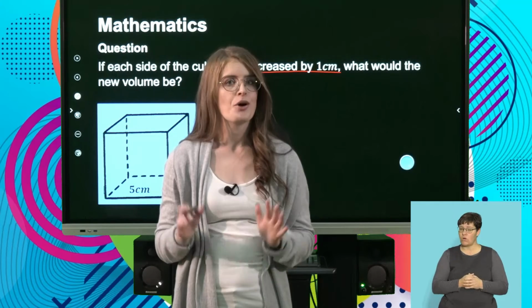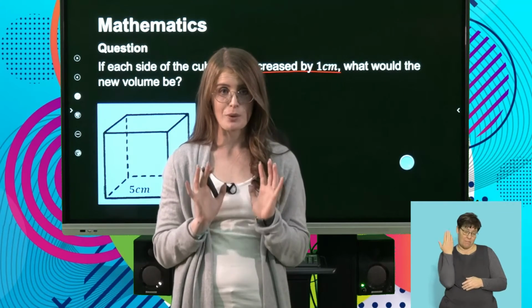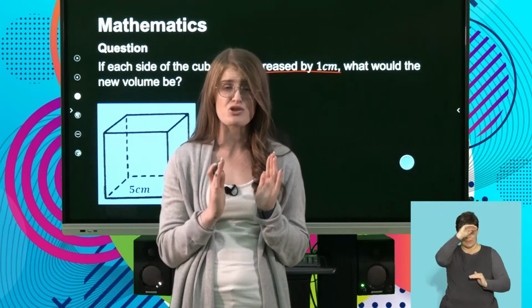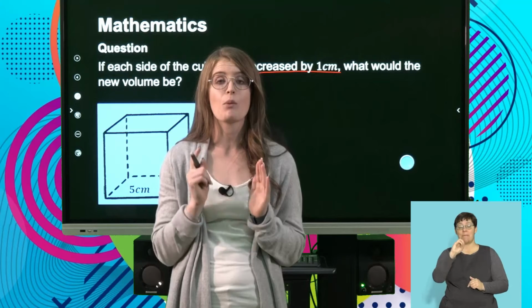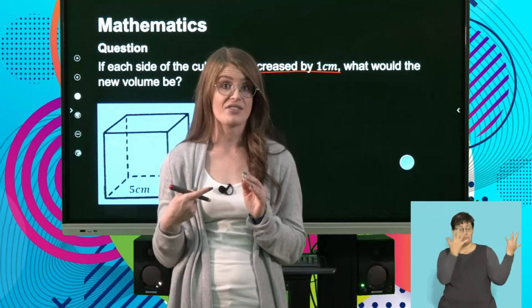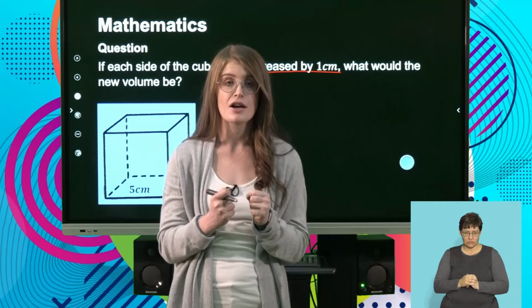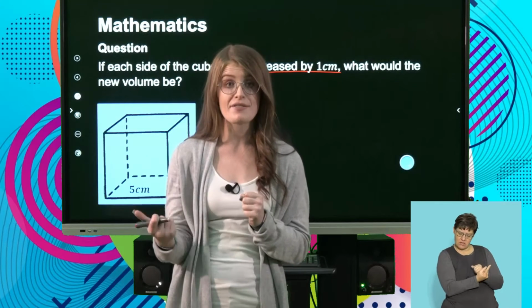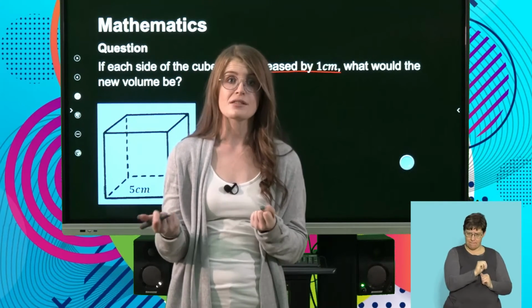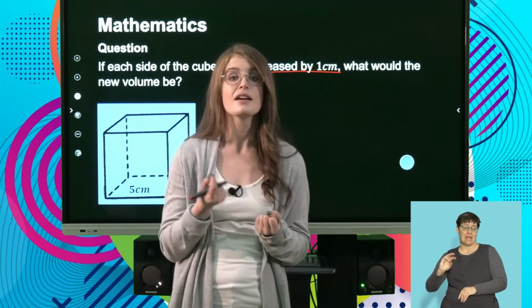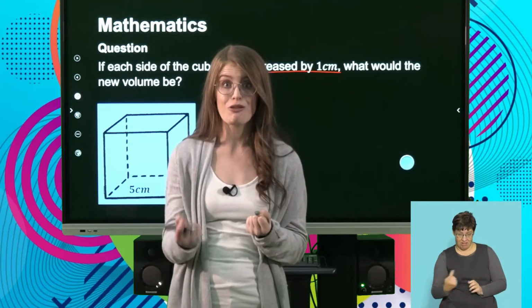Now they've said, hold a second, wait up, we're now going to decrease each of the sides by 1 centimeter, and we're going to have to calculate the volume according to this decrease in size. So if each side is originally 5 centimeters, we know that if we remove 1 centimeter, all of the new sides will be 4 centimeters.